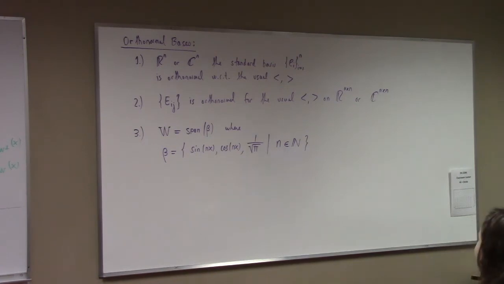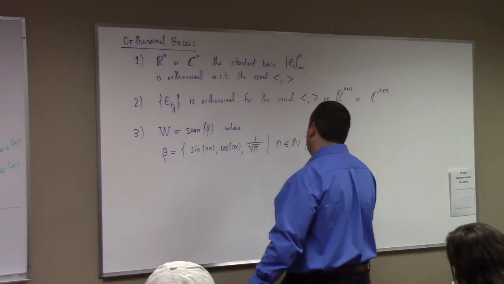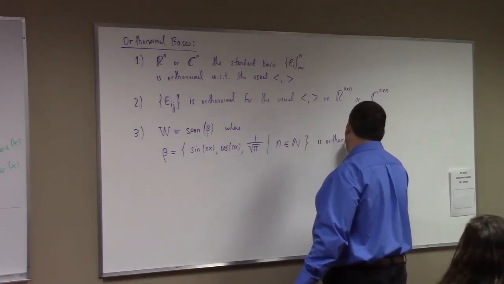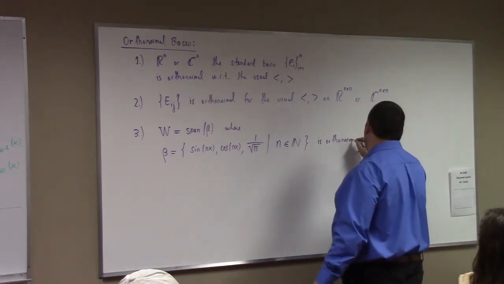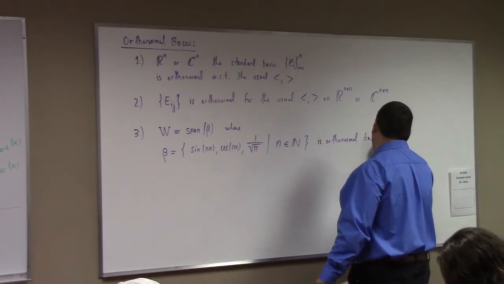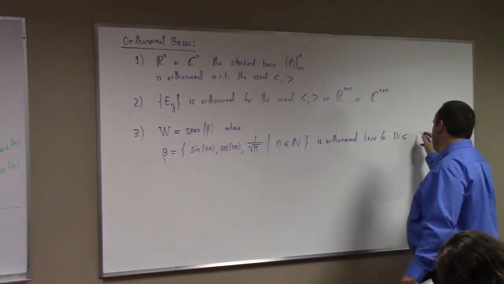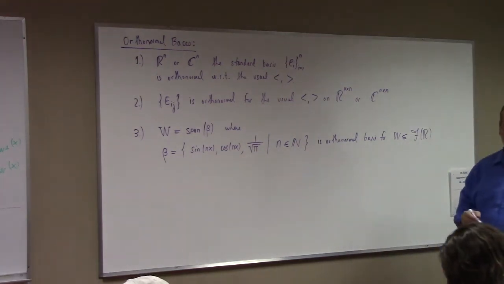Okay, so here W is an orthonormal basis. I have trouble spelling orthonormal. Basis for W, which is a subspace of function space on the reals.